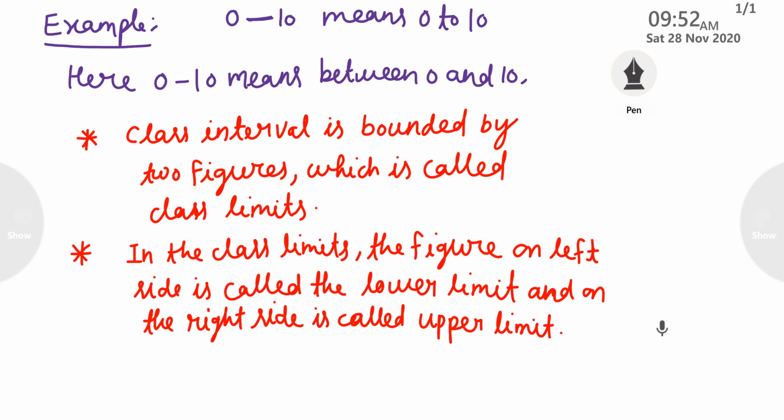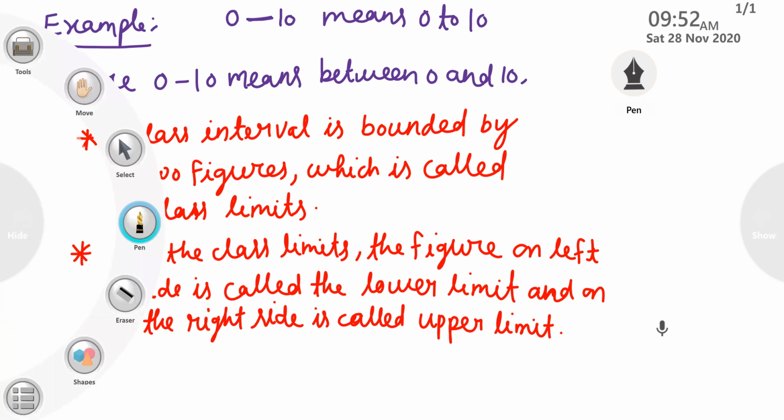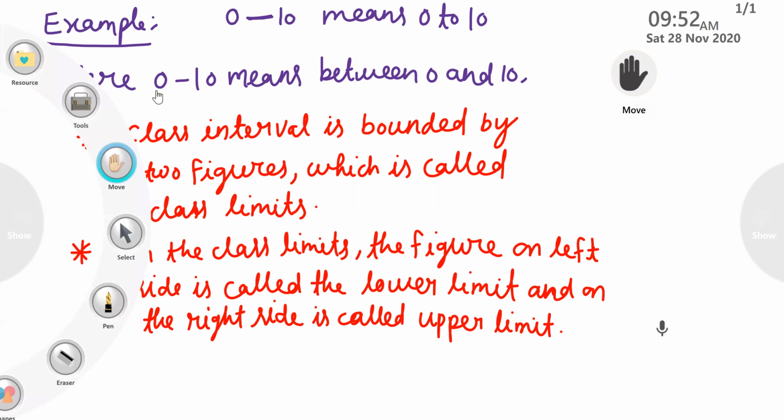Lower limit and upper limit. Left side is called lower limit, right side is called upper limit.